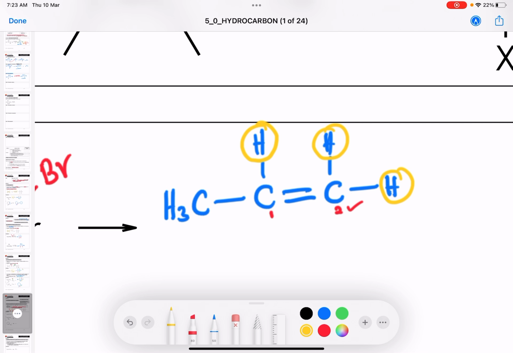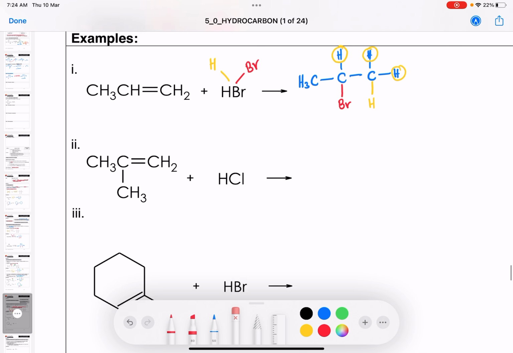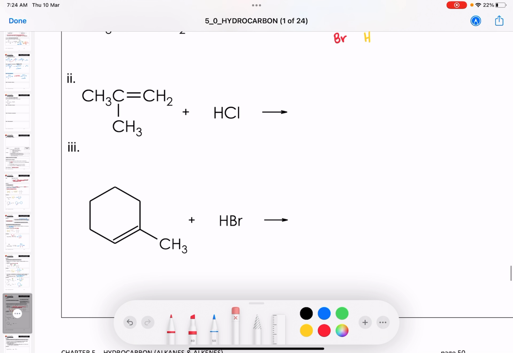So what will happen? Therefore hydrogen will be added here, whereas bromine will be added here. So it becomes like this. It becomes a haloalkane.